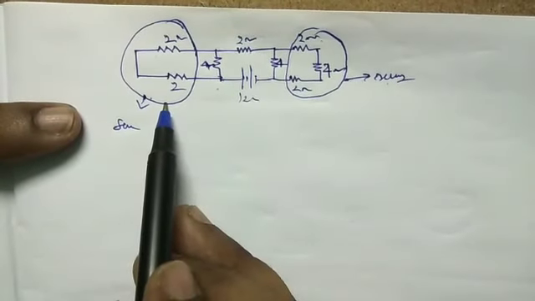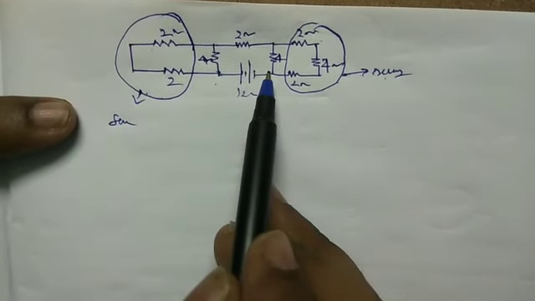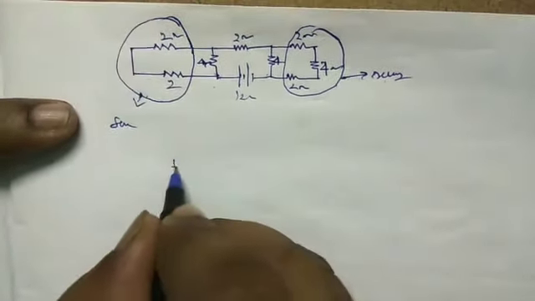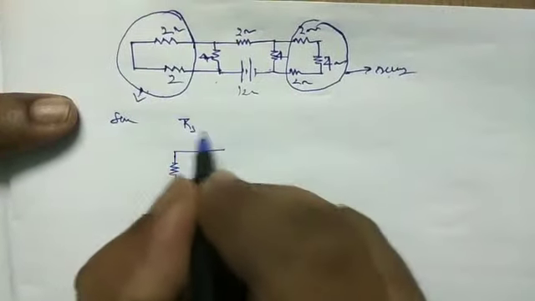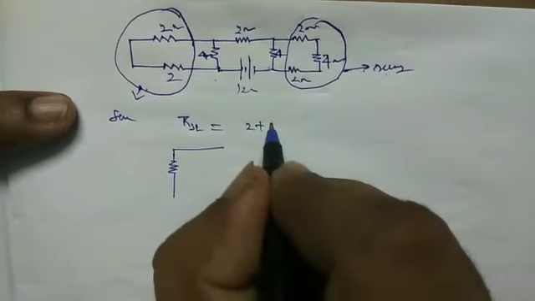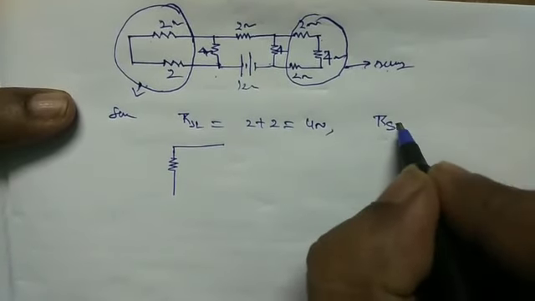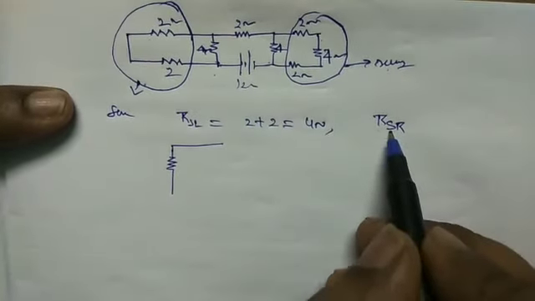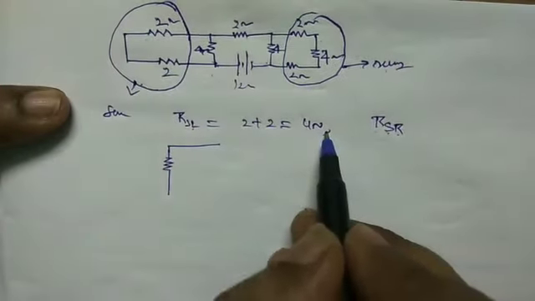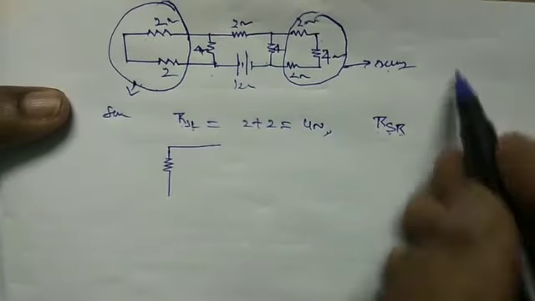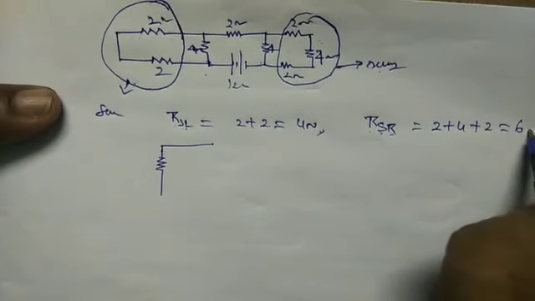So this series is parallel to 4 ohms, and this series is parallel to 4 ohms. Let us check it. RSL, resistance in series on the left side, is equal to 2 plus 2, which is 4 ohms. Resistance in series on the right side is equal to 2 plus 4 plus 2, which is 8 ohms.